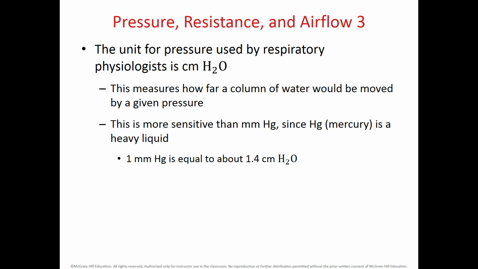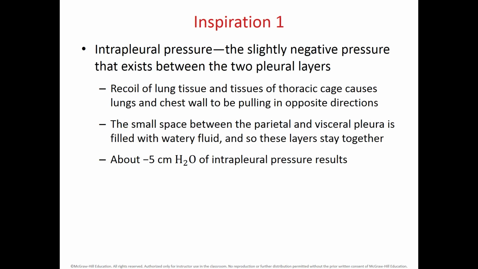Now, in physiology, the pressure is measured in centimeters of water, but we use this equivalent: 1 millimeter of mercury is equal to 1.4 centimeters of water. Now, during inhalation, your intrapleural pressure will be slightly more negative than the atmospheric pressure.